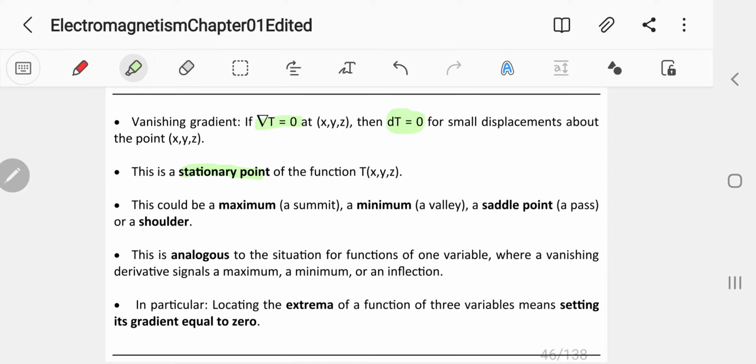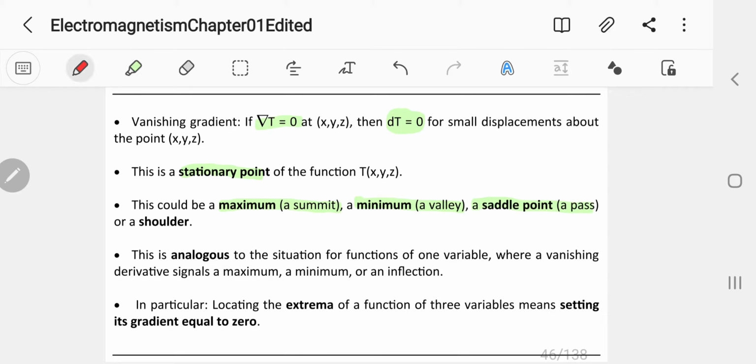So if del T at some point is equal to 0, then that is a stationary point. And that stationary point could be a summit, like the top of the mountain, or a valley. That's also a minimum, by the way. The summit is a maximum, and a saddle point, or a pass, or a shoulder.